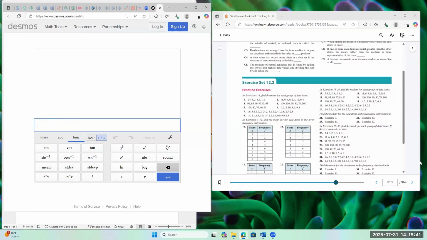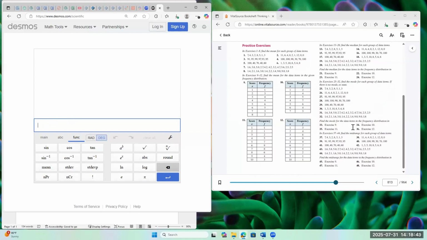In the first example that I wanted to do, I'm going to look at number 38 here. I've got these values and I want to find the mid-range: 11, 6, 4, 0, 2, 1, 12, and 0. First I have to identify the smallest of those data points, and that looks like it's going to be 0.